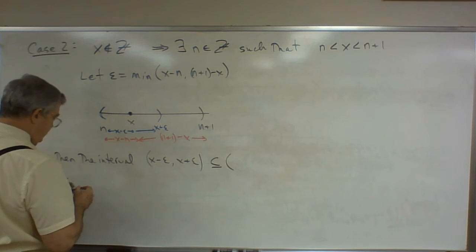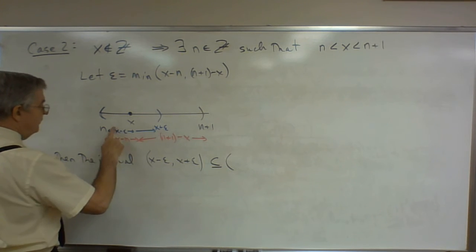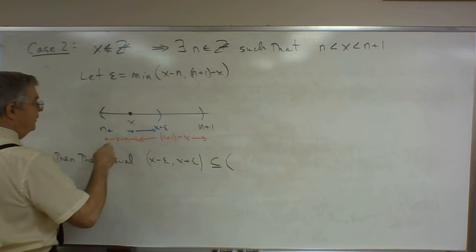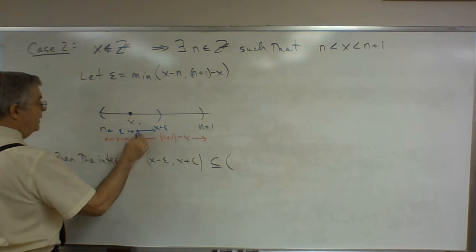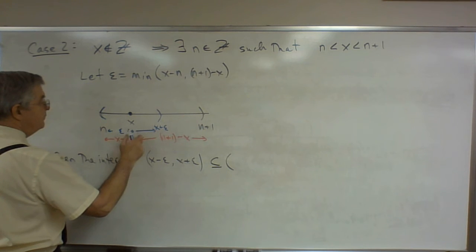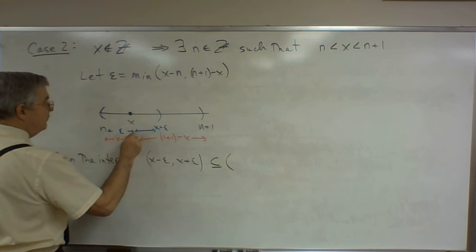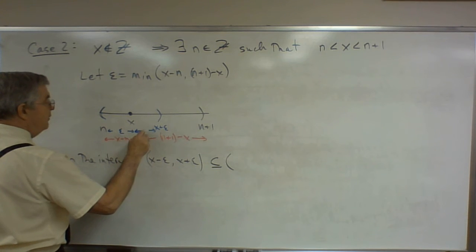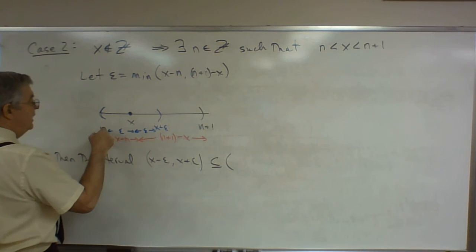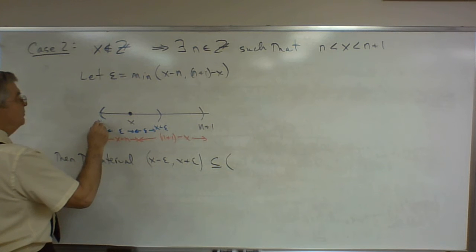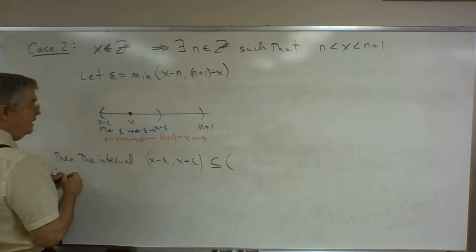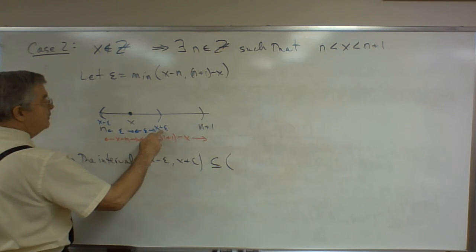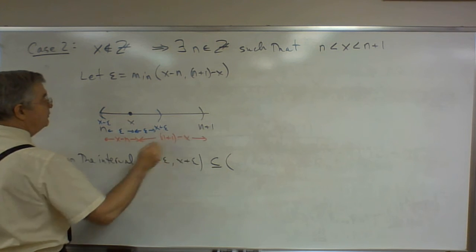I'm sorry, that's not right. This is epsilon, and this is epsilon also. N is equal to x minus epsilon, and this is just some point between x and n plus 1.